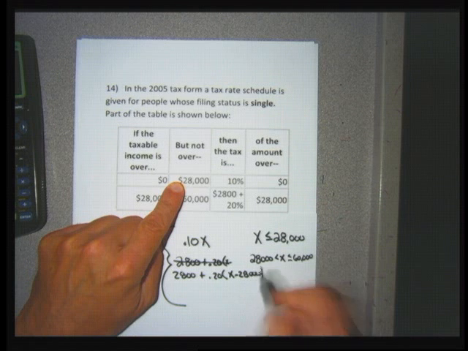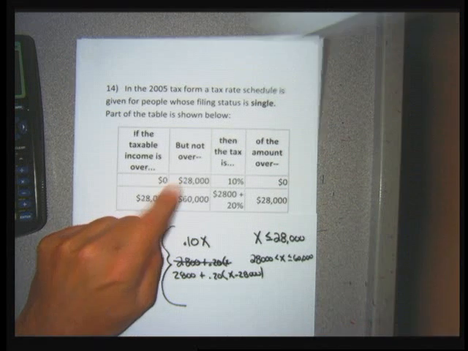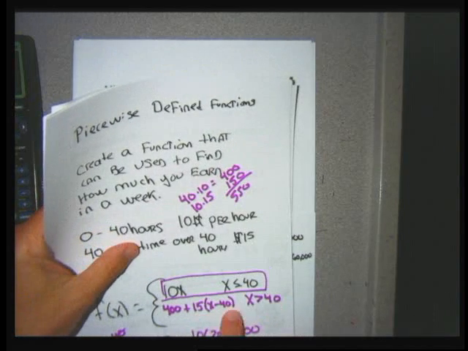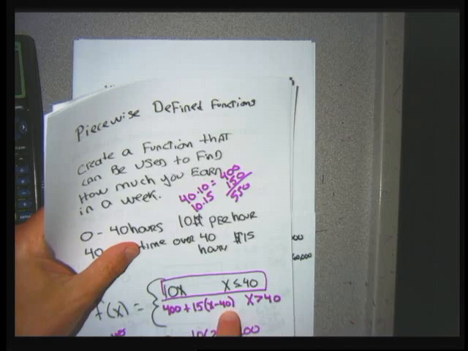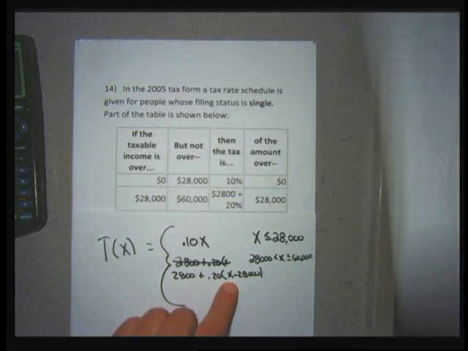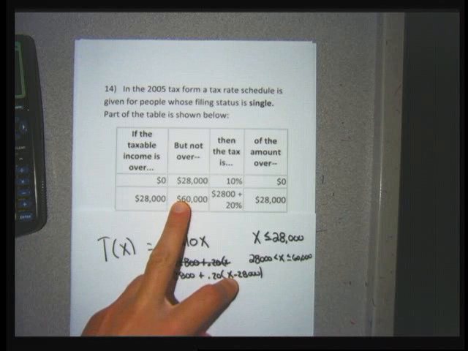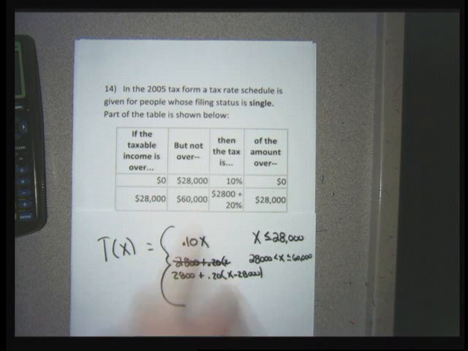So just like I did with the salary, my pay was $15 an hour for any hour over 40, and I did X minus 40 to see how much overtime. This X minus 28,000 is how much money I've made, not over 60,000, but over 28,000.